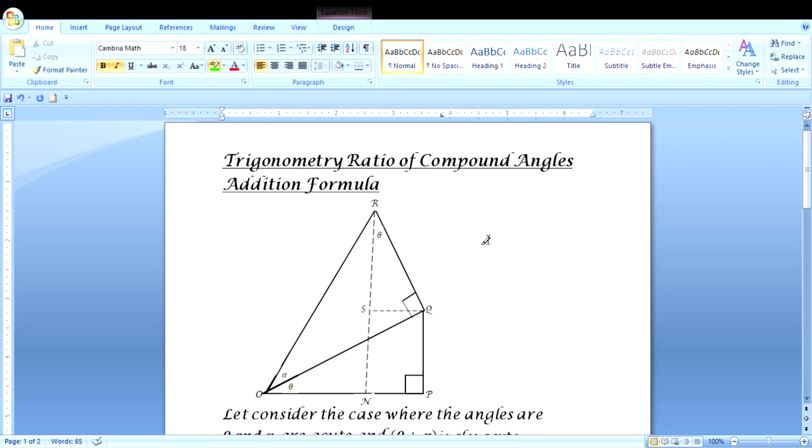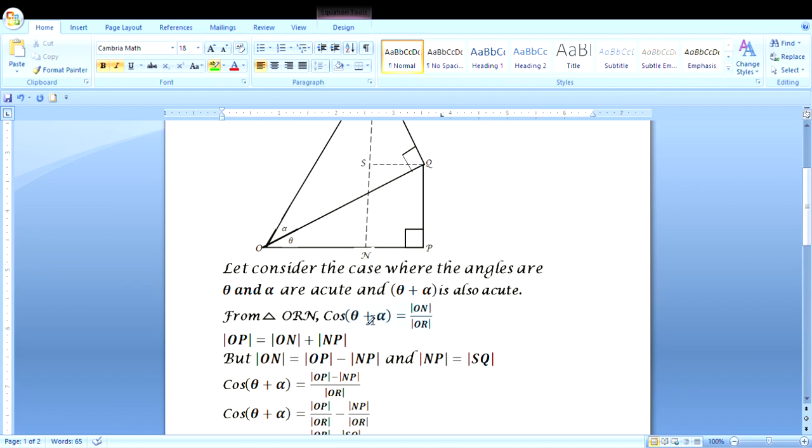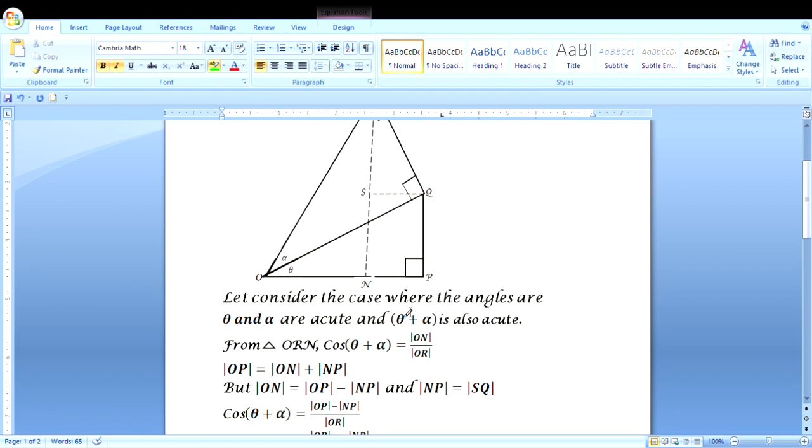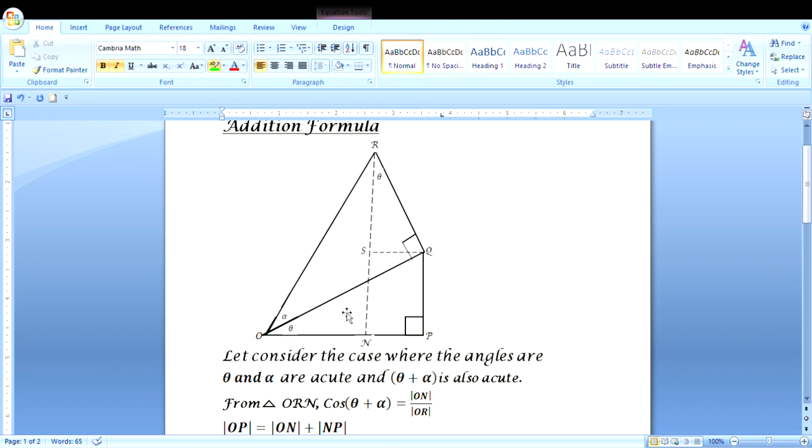Now, in this virtual class, we're going to establish the formula for cos theta plus alpha using trigonometric ratio. From here, we have triangle OQP as a right angle triangle with an acute angle theta, and the triangle ORQ where alpha is also an acute angle, and the sum theta plus alpha is also acute in nature.